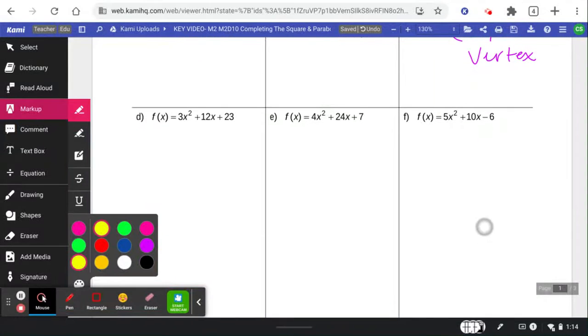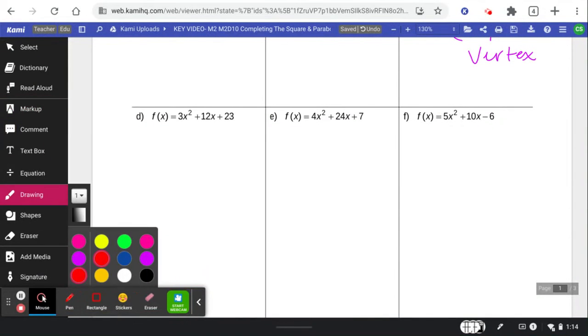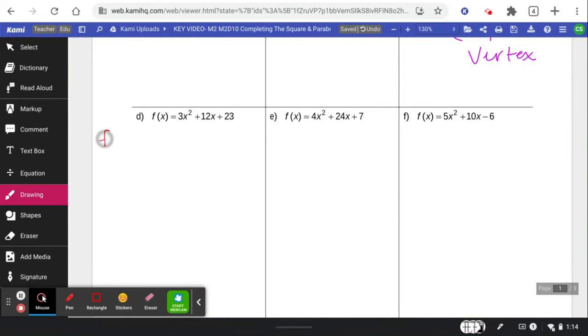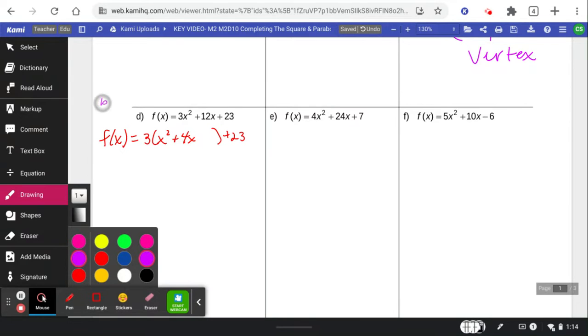Okay, pause the video and try part D and then check to see if you got it. Okay, did you notice this time we're dividing out a 3? Step 1, divide and make space. Divided out that 3. Step 2, B work. And we're doing the B work on the 4. 4 divided by 2 is 2. 2 squared is 4. I'm adding 4 and subtracting a 4 3 times.